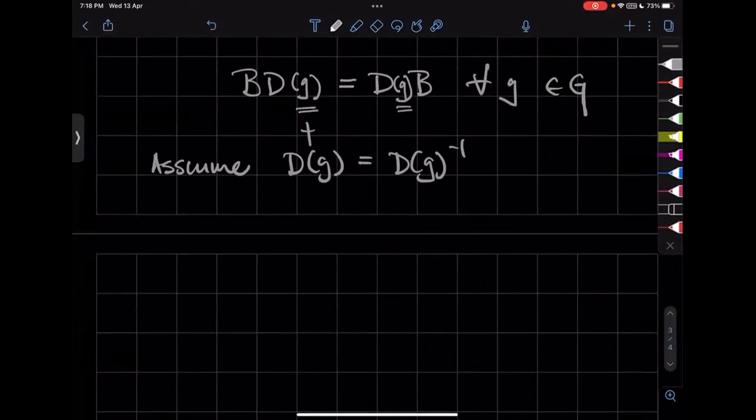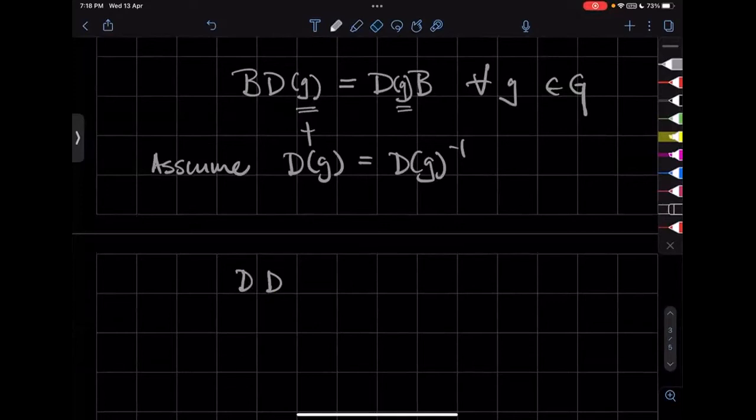Now let's multiply both sides by D. So I left multiply by D. Okay, let's start again, sorry.